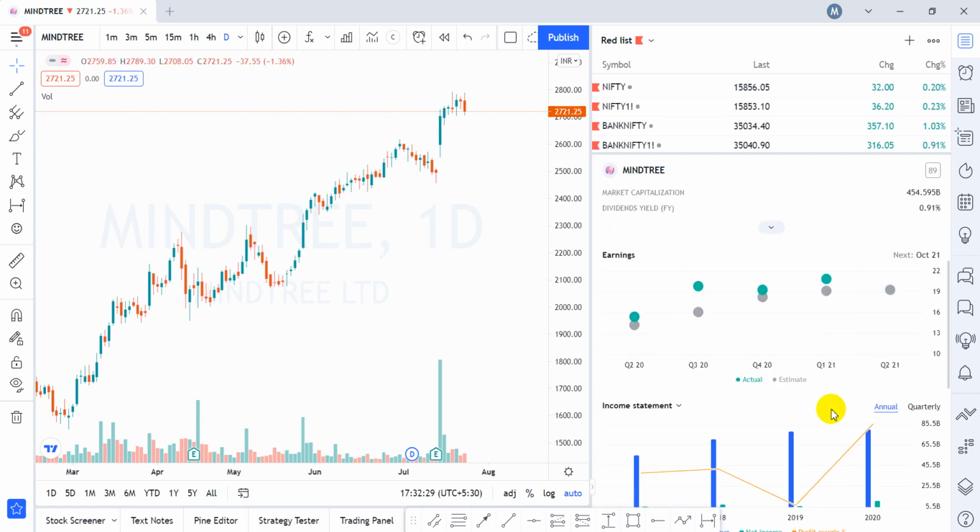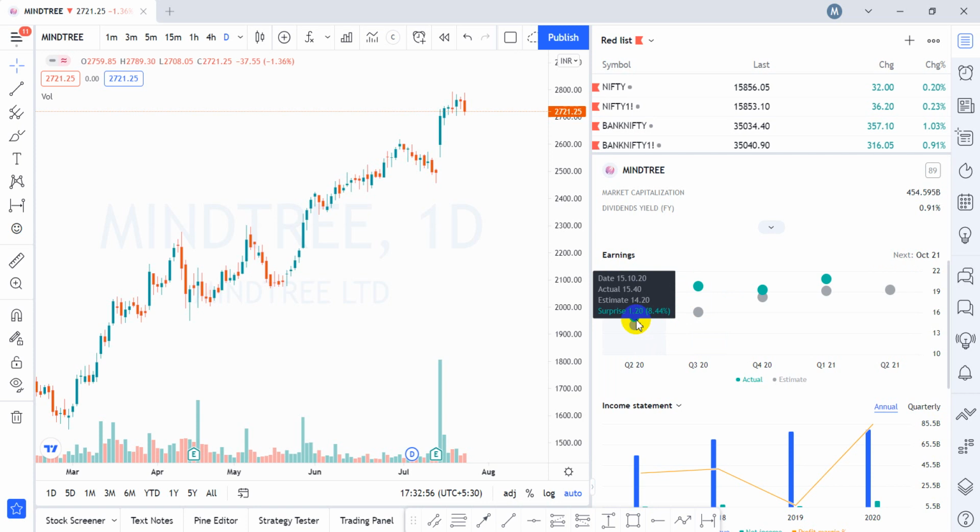All right, and then you will be looking for some fundamental parameters over here as well. Really good information is available with a pictorial view on the charts. So if you see Mindtree over the last 4 quarters, the estimated earnings compared to the actual earnings, and what the surprise element was. It was 8.44% upside.